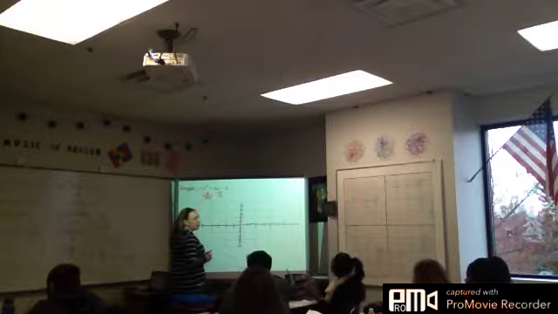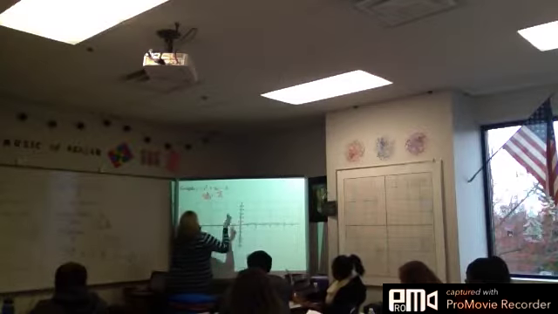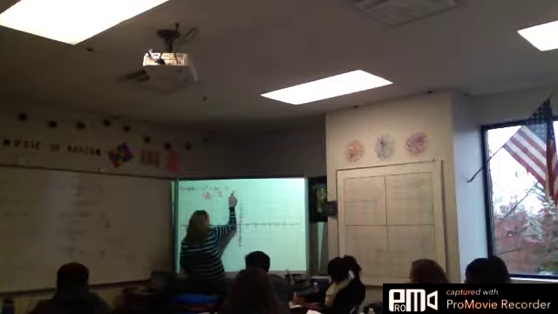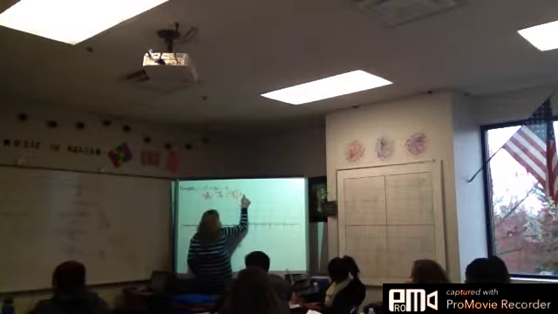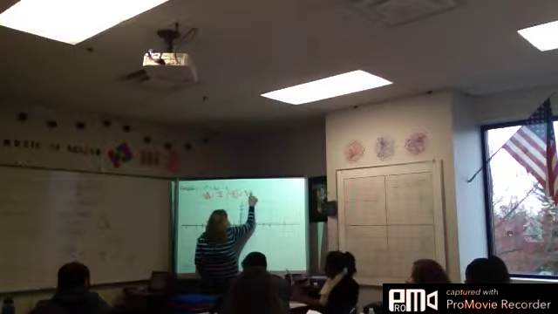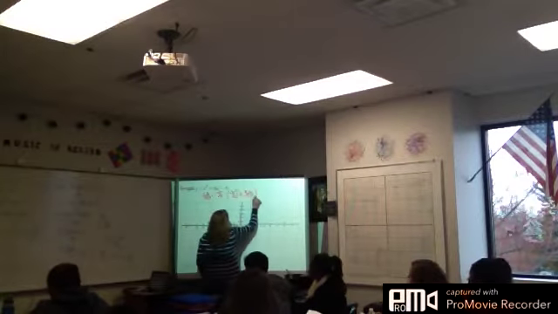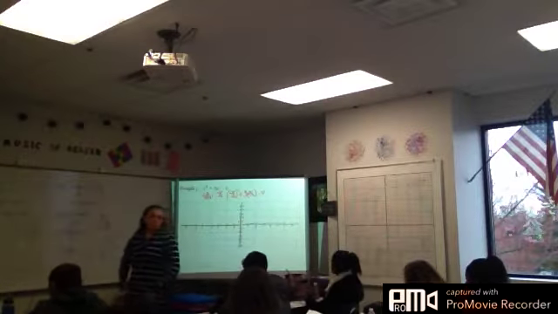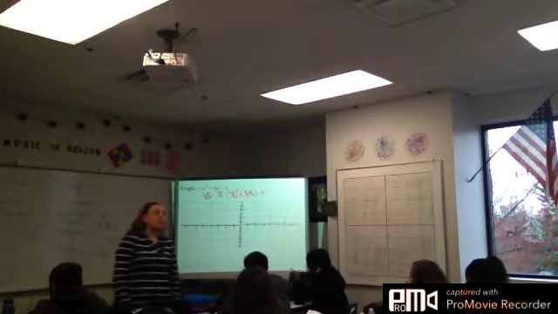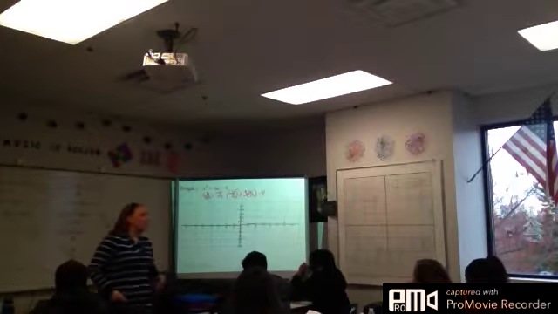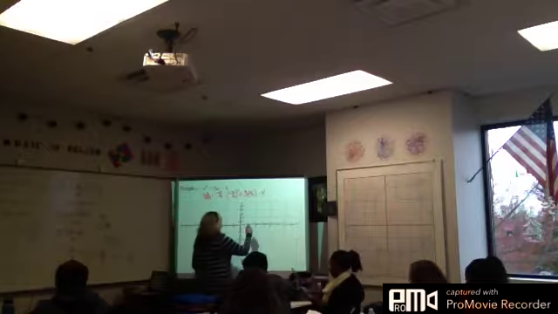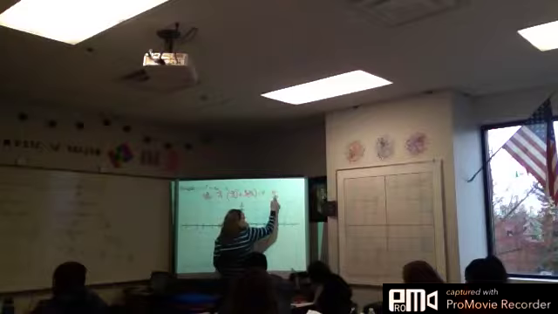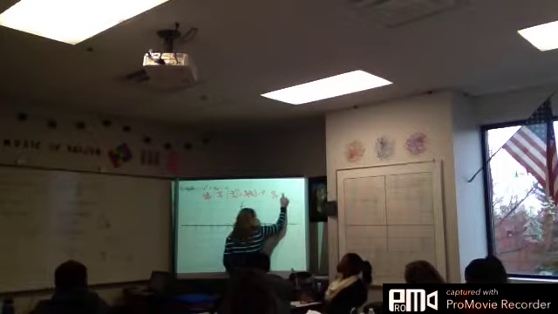How do I find what my y is? Plug it into the equation. So I get negative 3 halves squared plus 3 times negative 3 halves, minus 4. What is negative 3 halves squared? Just square both numbers: 9 fourths. What's 3 times negative 3 halves?